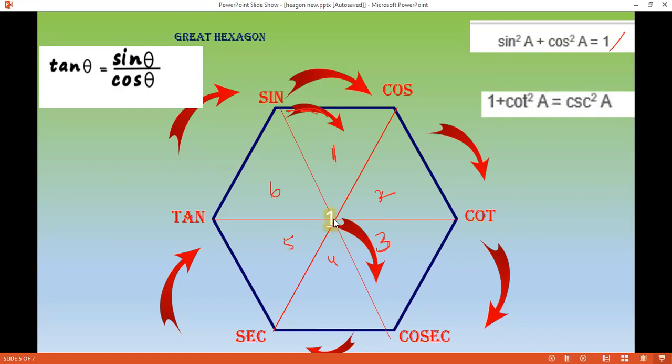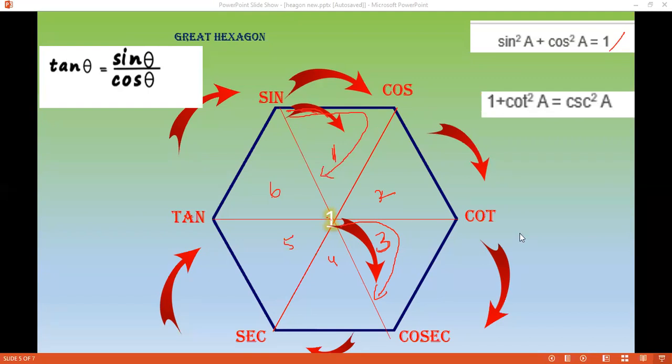You start with 1: 1 plus cot square theta is equal to cosec square theta. This bigger one is the arrow mark. So 1 plus cot square A is equal to cosec square A, by observing this third triangle.